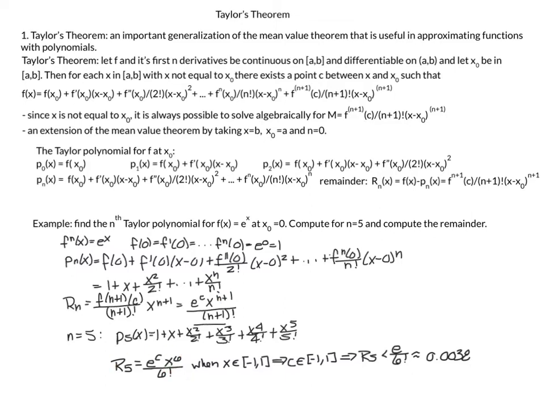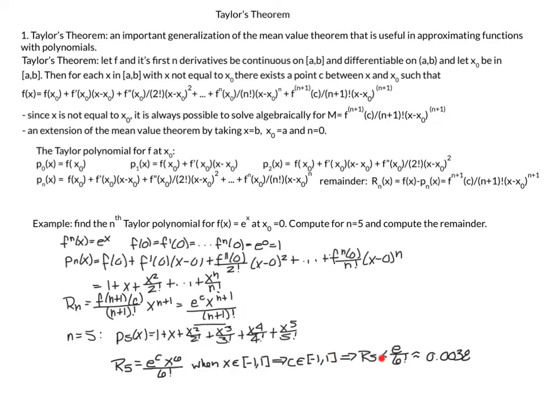So the remainder really depends on where we are in the real numbers. If x, let's just say x is in the interval between -1 and 1, so our c, which is going to be close to x, is also between -1 and 1. So R5 has its top number when c or x is equal to 1.